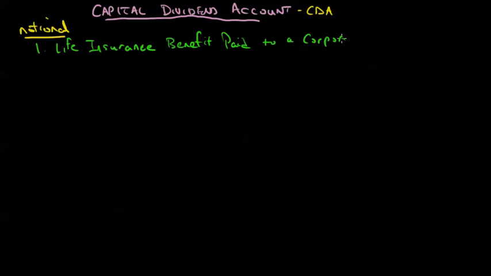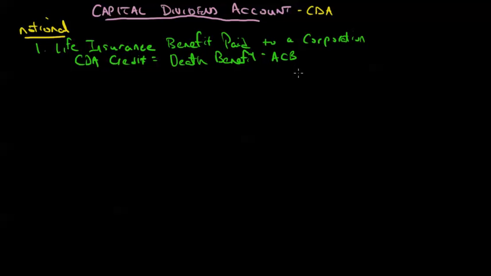And in this case, the amount of the CDA credit is equal to the total death benefit paid minus the adjusted cost basis for that policy.